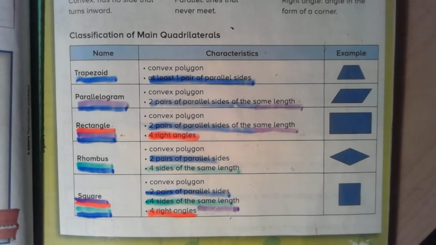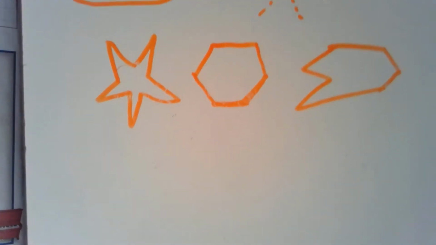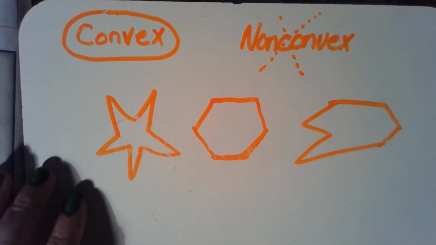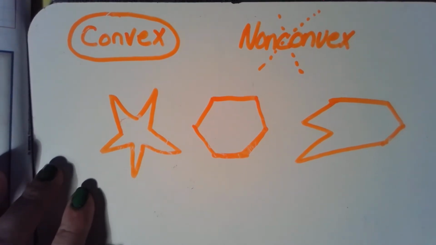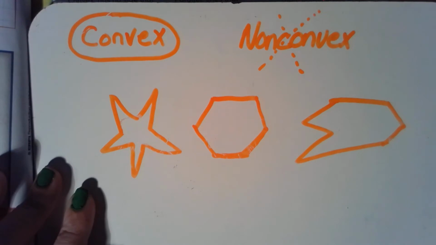You know what? Let's try some practice. So we talked a little bit about convex and non-convex shapes. Convex means that all of the vertices, all the points point outward.